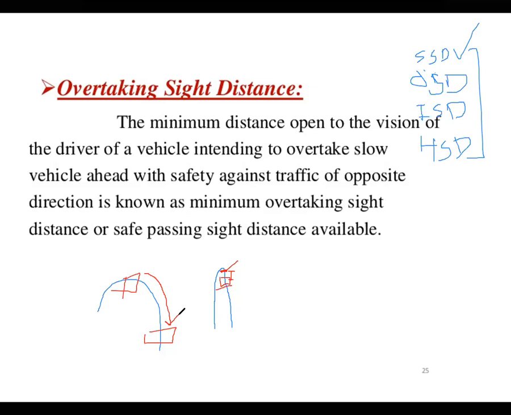Another is the overtaking sight distance. There is a two-lane road with two-way traffic, and most importantly there is no separator provided there. In that condition, generally one vehicle is moving like this, another vehicle is moving like this, and a third vehicle is moving opposite to both vehicles.